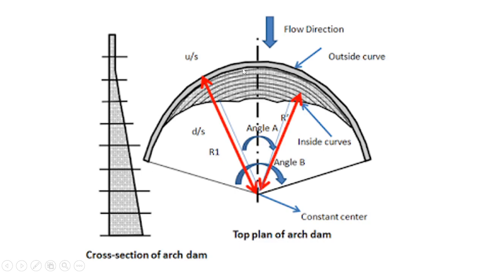In connection with this arch, there will be an imaginary center of the arch dam, and corresponding to the center there will be curvature or radius to the arch. These are the basic features of an arch dam.